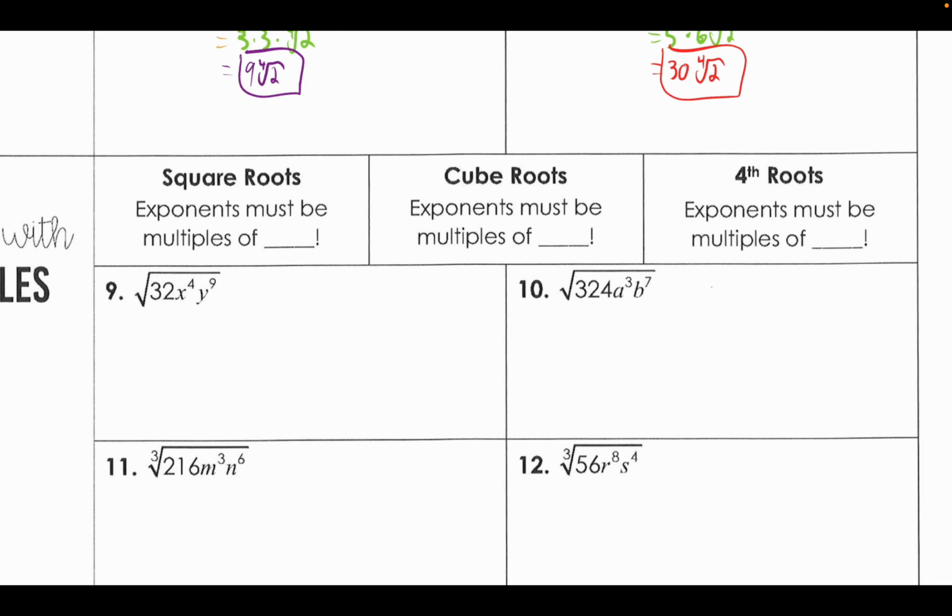For square roots, when the index is 2, exponents must be multiples of 2. For cube roots, when the index is 3, exponents must be multiples of 3. And for fourth roots, when the index is 4, exponents must be multiples of 4. And by that, we'll see what we mean in just a moment.